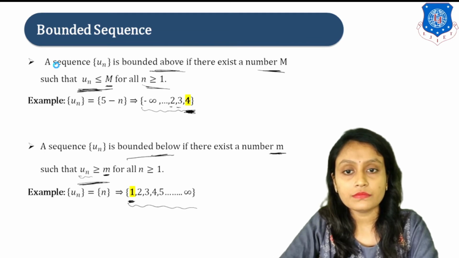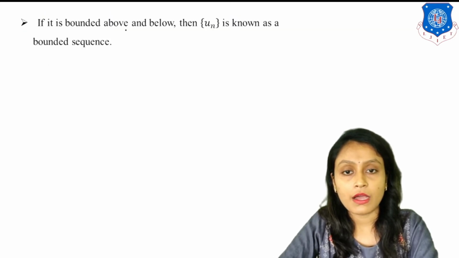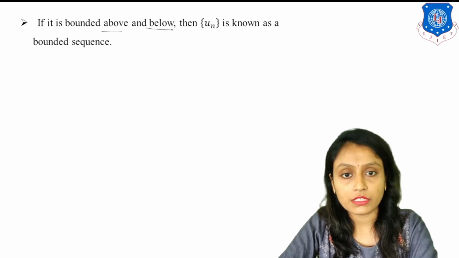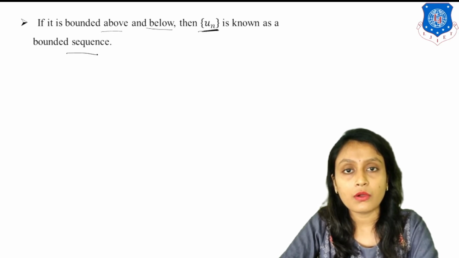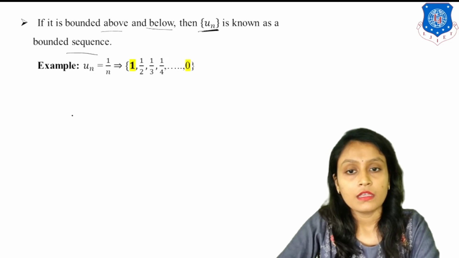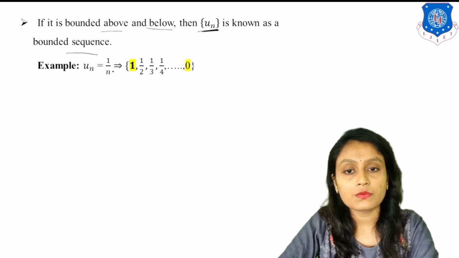Now if it is bounded above and below both, then we can say that the sequence u_n is a bounded sequence. Okay, so for example, u_n is 1 upon n. Just substitute n equal to 1. So you will get 1, 1 by 2, 1 by 3, 1 by 4 and so on.